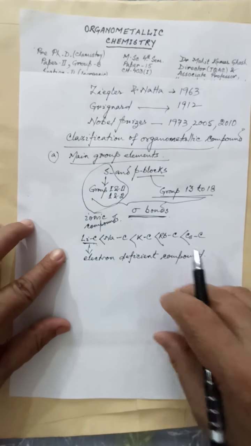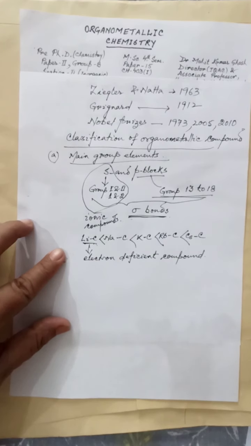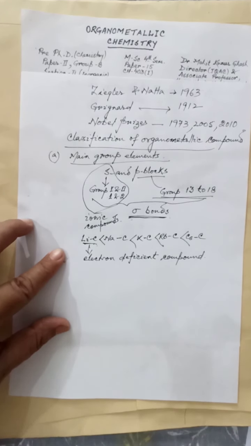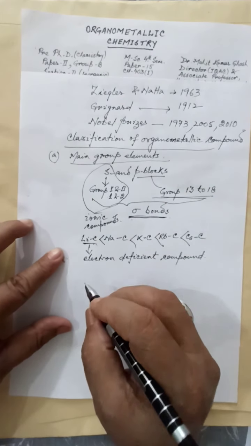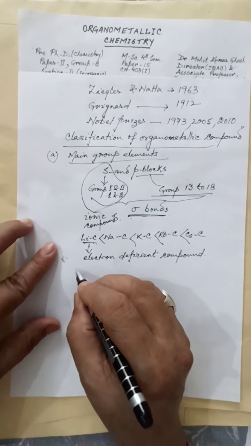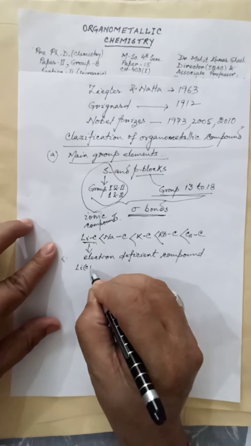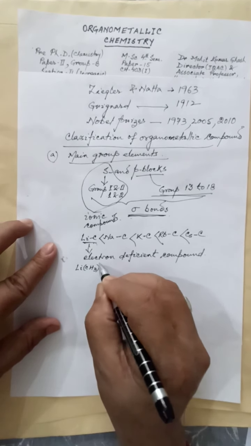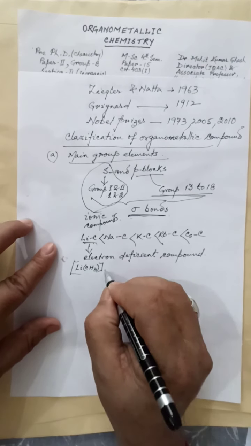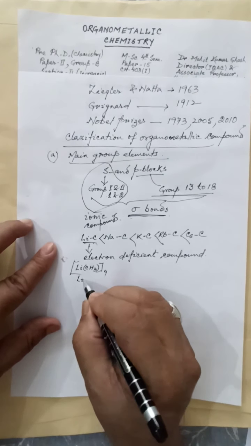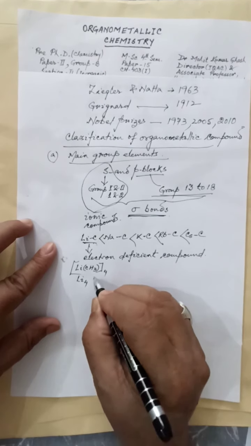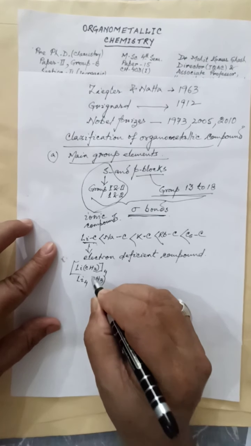I would like to mention here one example of lithium, with the formula Li4(CH3)4, that is, Li4(CH3)4.